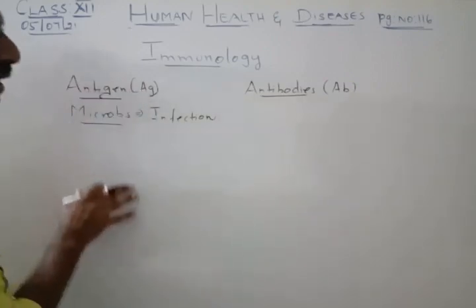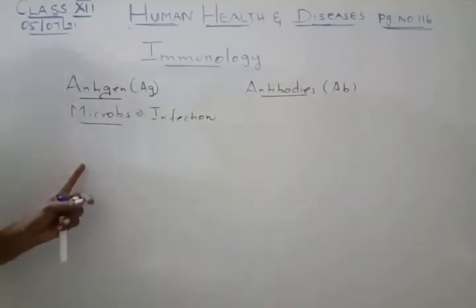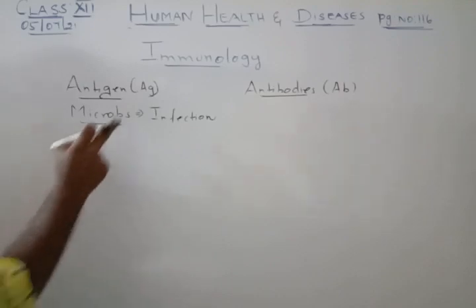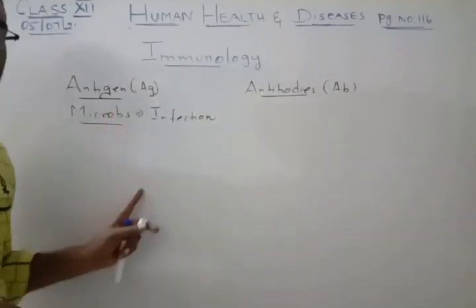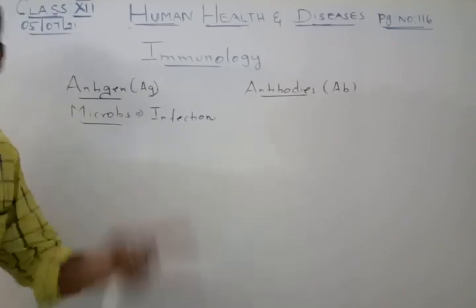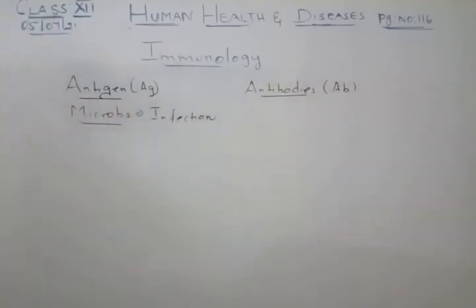This foreign antigen does not belong to the body. We discussed one antigen in the 4th chapter, you remember. In the ABO blood grouping system, we talked about antigen and antibody. A person with blood group A will have an antibody called B against that, but that antigen is different from the antigen we are going to discuss here, and this antigen is going to cause a disease.